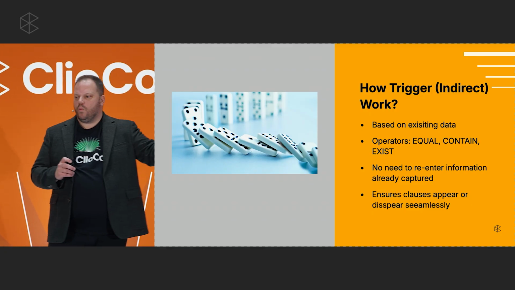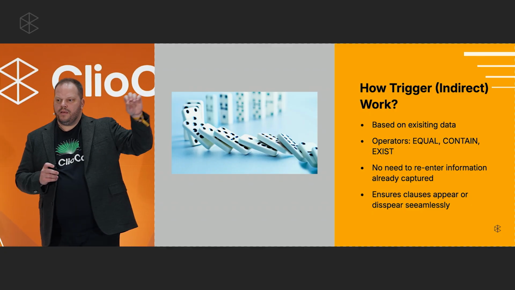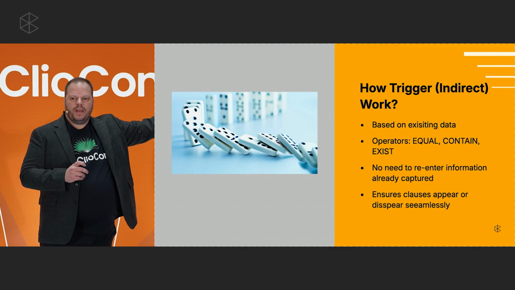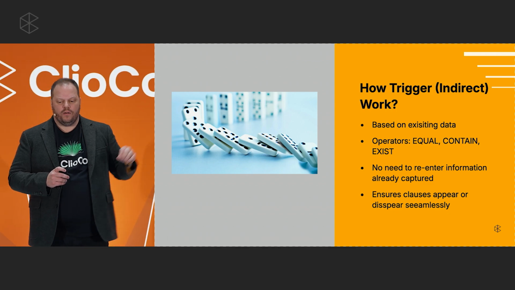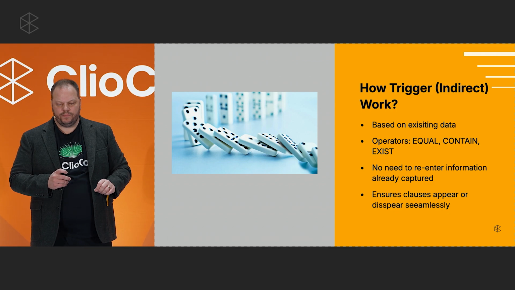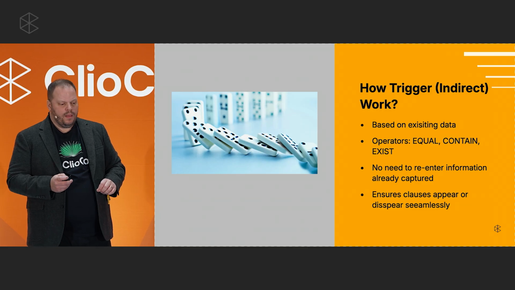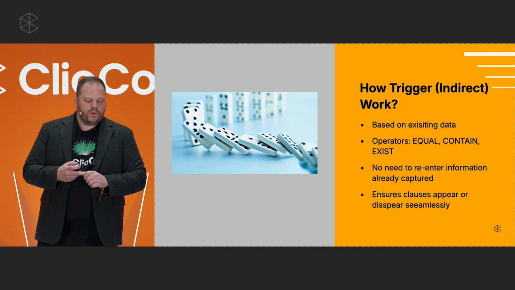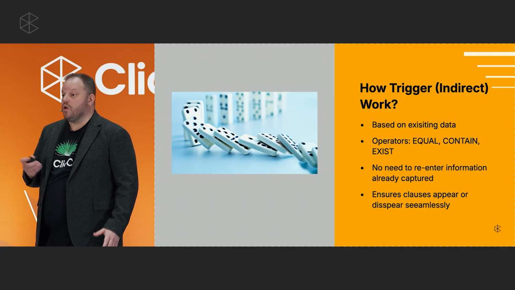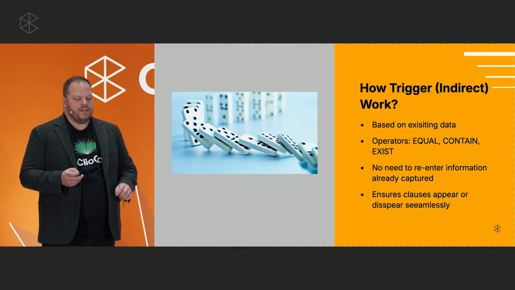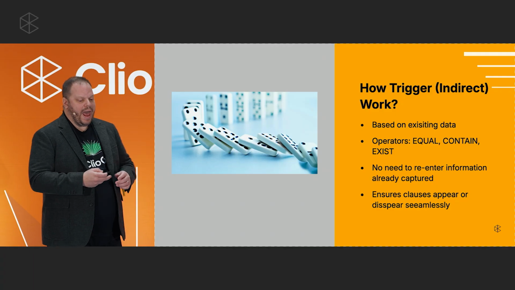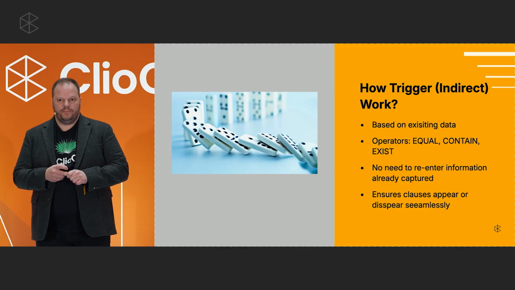What is going to trigger the next condition, the next action going forward in your document? Once the first condition is met or not, then this will trigger the operator, which will action based on condition.